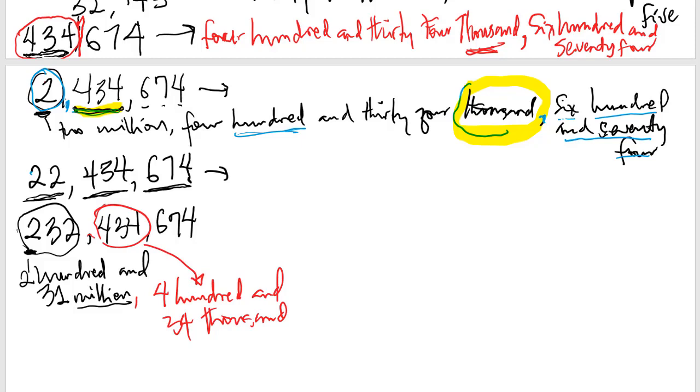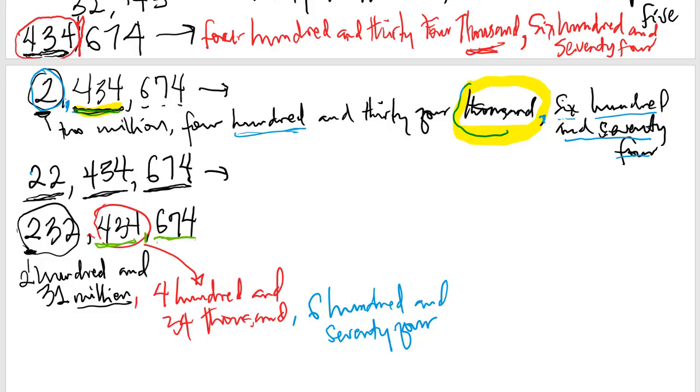Then you now go to comma, 674. Okay, so this is for millions. So after, you can see they are grouped in threes. Okay, after the first three from the right, you have a comma, you have the next set of three.